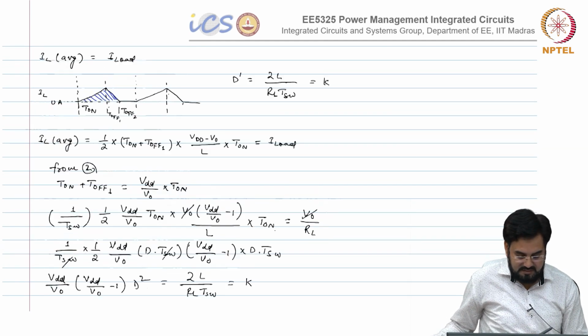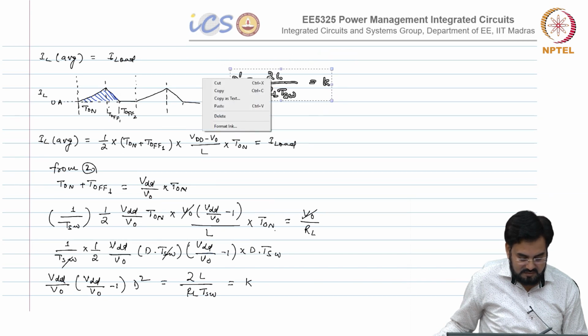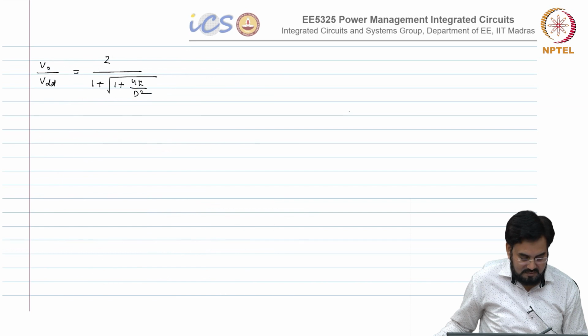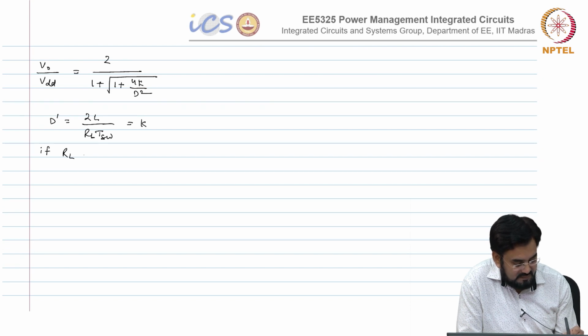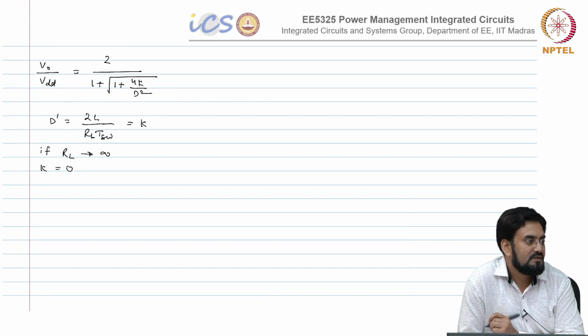And K you already know is this. So if R_L tends to infinity, then what would happen to K? 0.